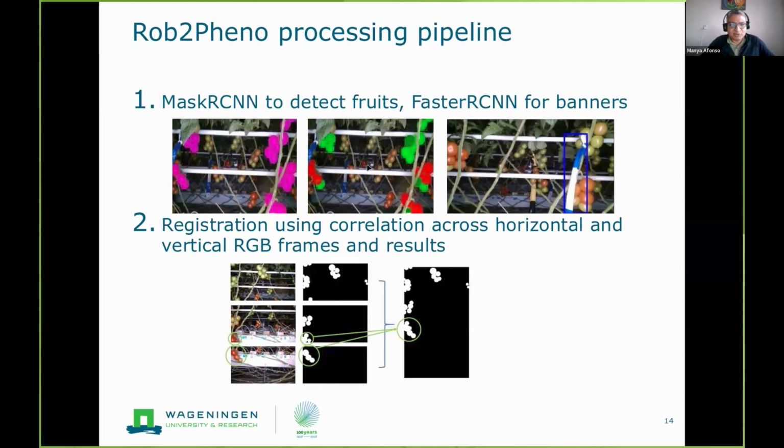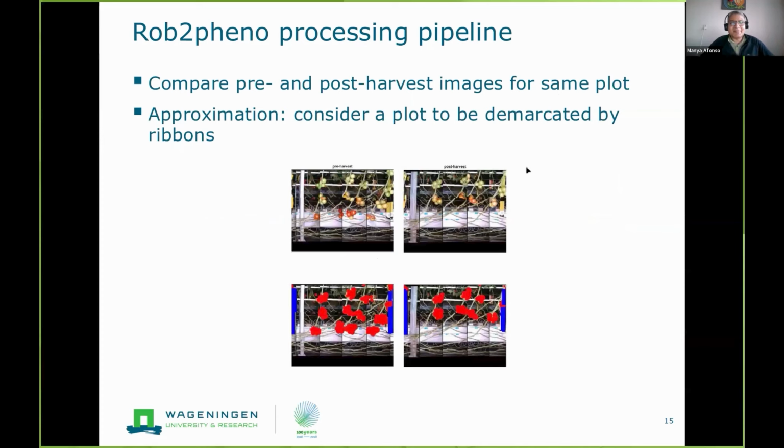After that, once we had both the RGB image as well as the mask which was detected by the deep learning, we performed a correlation-based registration method to be able to stitch these images together, or at least the detected masks, to be able to not count the same fruit more than once.